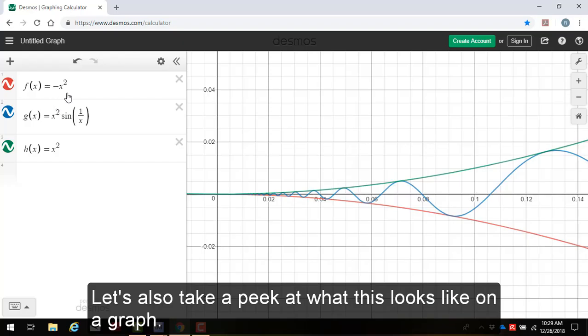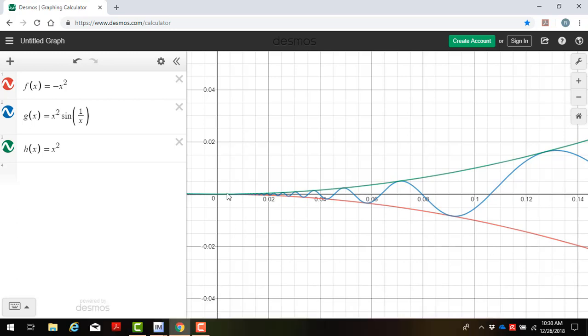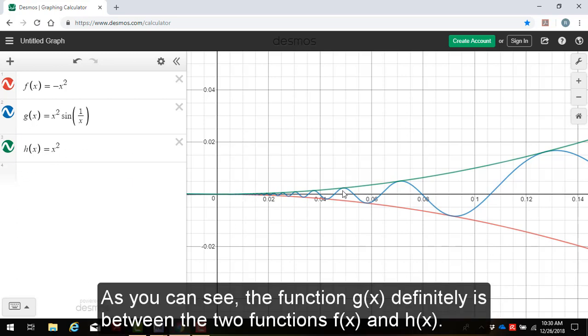Let's also take a peek at what this looks like on the graph. Kinda cool, huh? As you can see, the function g of x definitely is between the two functions f of x and h of x.